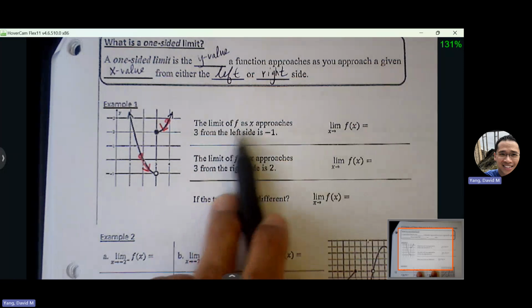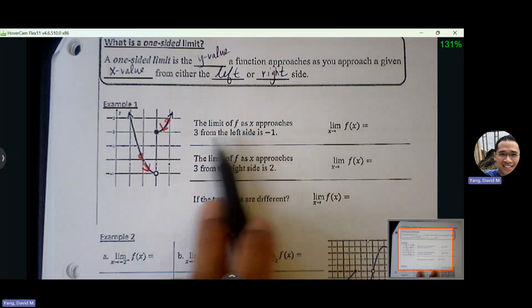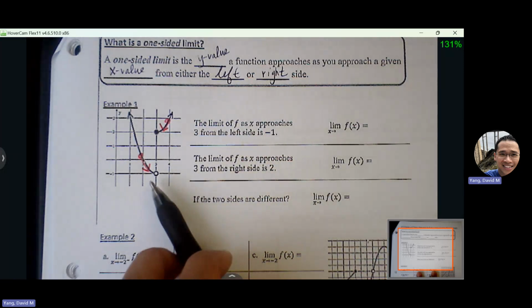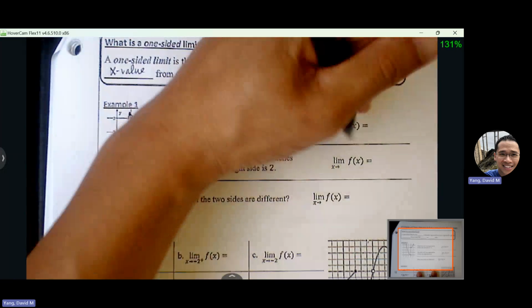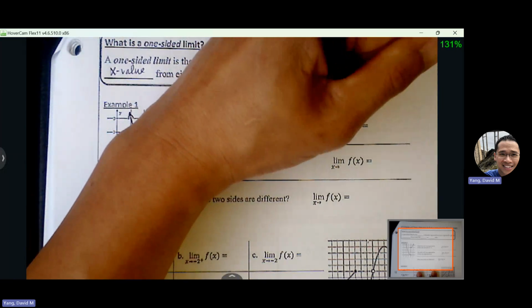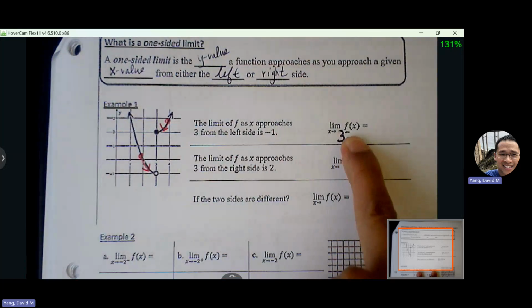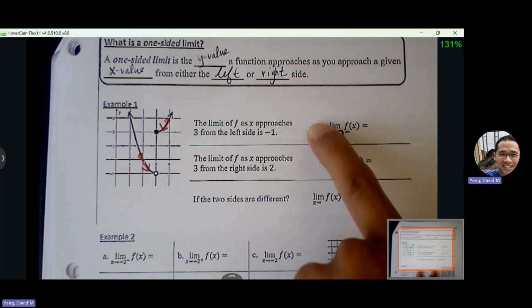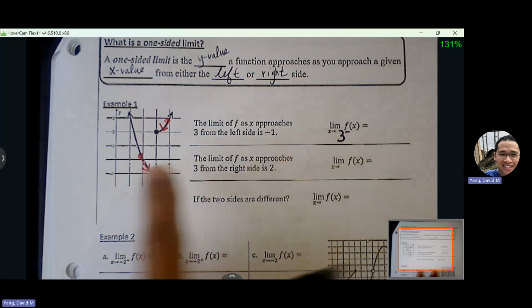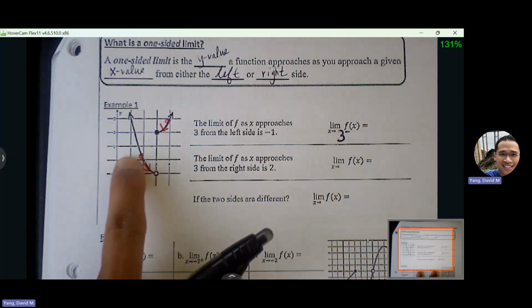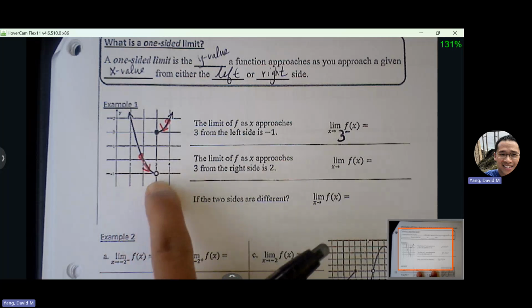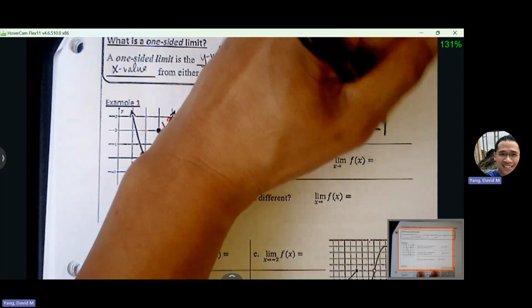So the limit of f as x approaches 3 from the left side. If we're following the behavior of that arrow, we'll say limit as x approaches 3 from the left side. On the left side, we'll have this negative notation in the exponent region, and that is indicating this is just talking about what this arrow is doing. And this arrow is getting closer and closer towards that hole. It's getting closer and closer towards the y value of -1.